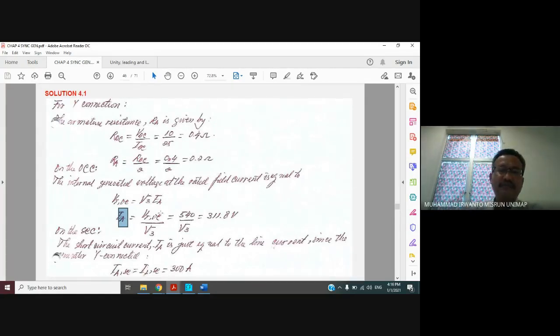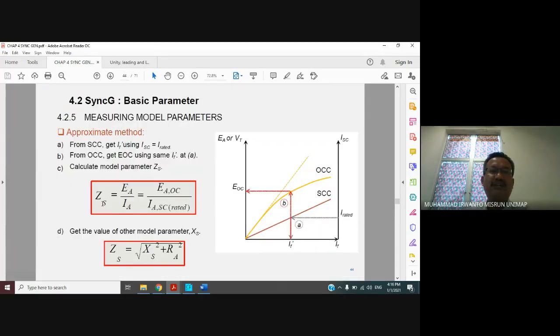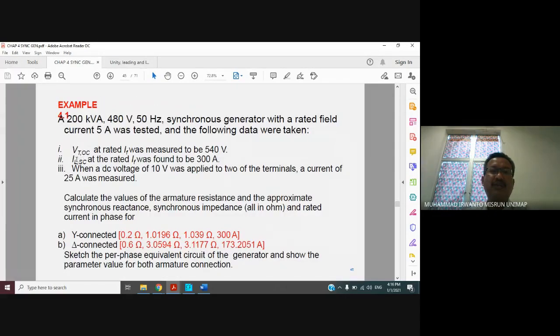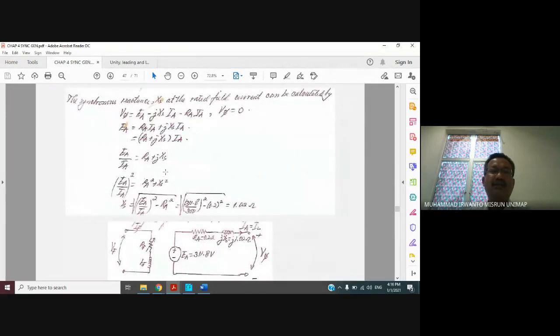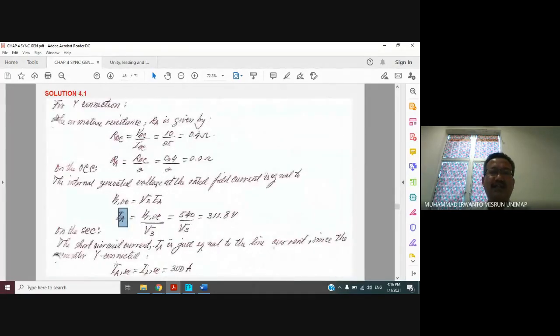Langsung kita guna. And then in the short circuit condition, the value of the line current is 300. Remember line current ya? In the Y connection, line current is equal to phase current. So I short circuit is equal to I line, which is equal to 300 amperes.